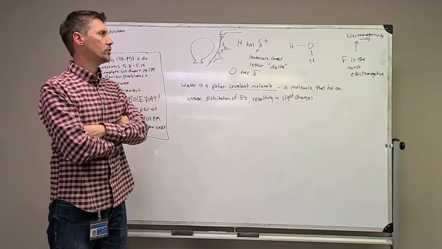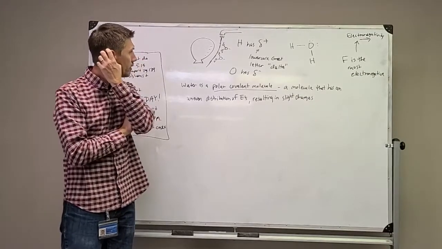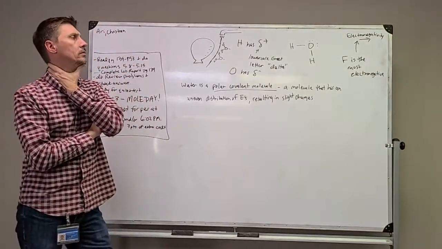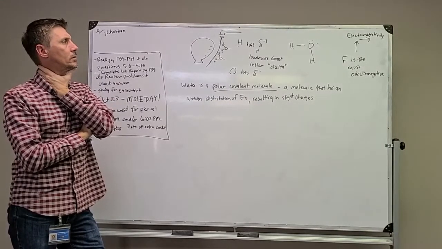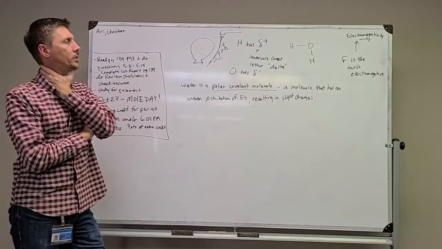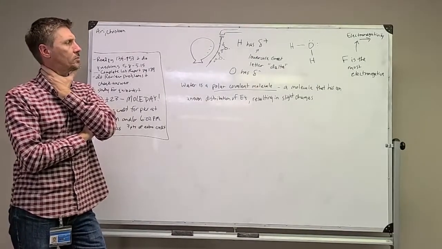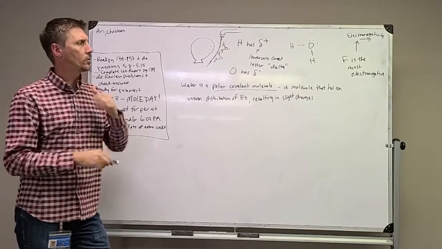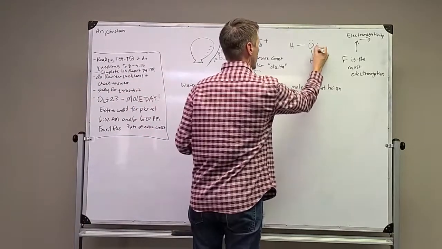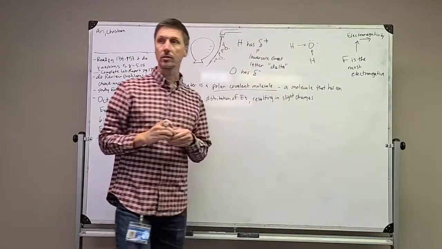The way the electrons are shared, they're being shared unevenly because the hydrogen is less electronegative than the oxygen. So we might draw it like this. We might say the electrons are actually being pulled more towards the oxygen.